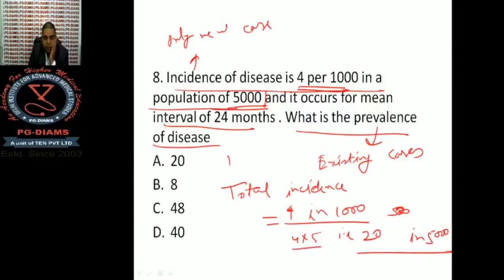That means the total incidence will be equal to 20. Like 4 in 1000 is 1 in 1000 by 4, and then in 5000 we have 1000 by 4 into 5.